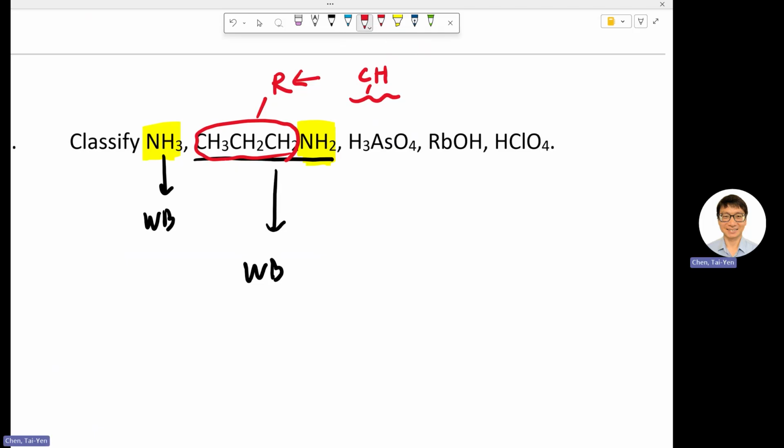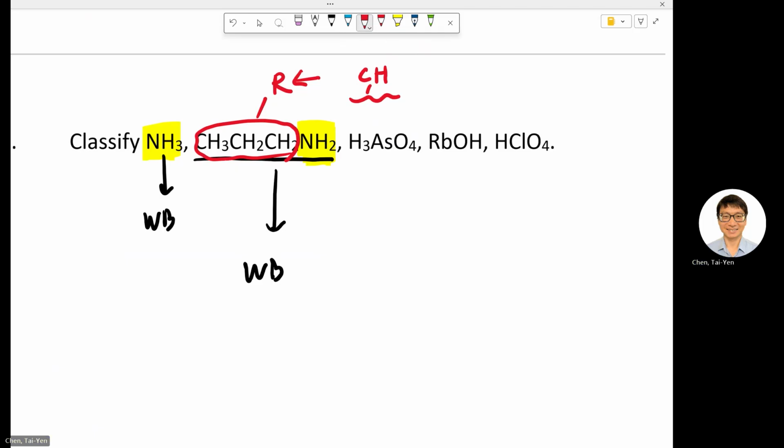In this case, the amine, the N, is the functional group, so that's the key that determines the property of the molecule. Just like the acid COOH, it's also a functional group. If a specific functional group is present inside your chemical formula, it will dictate the property of the molecule. Is that clear?